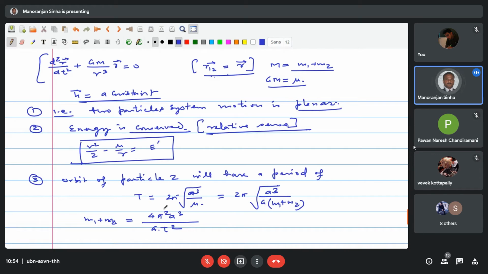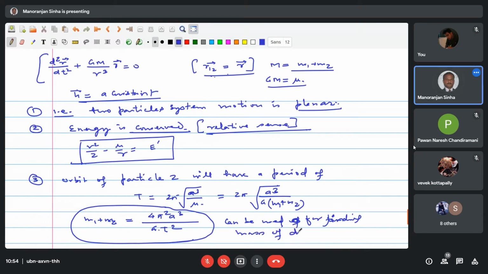And this equation can be used for finding the mass of different planets. So in the case of Jupiter, its satellite Europa is here.